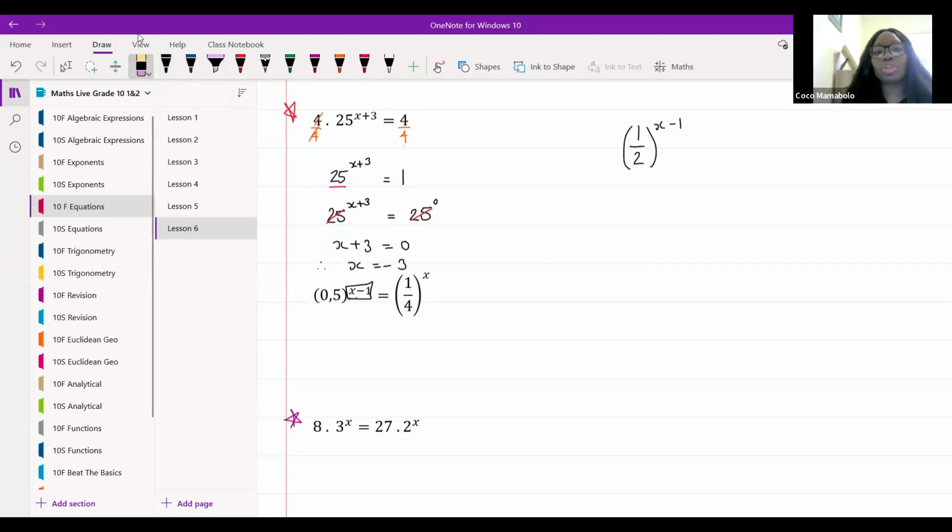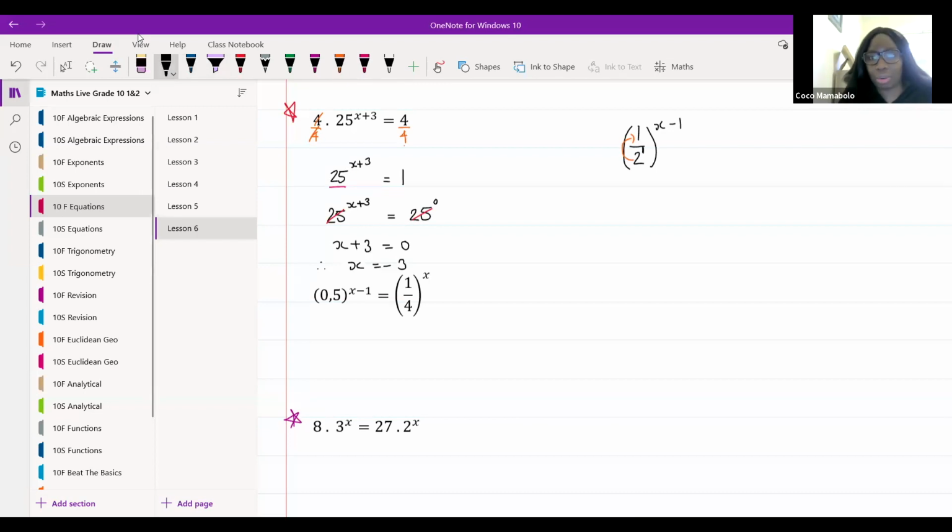Now, I'm going to do the rule that we just incorporated, but in reverse. I know that any number sitting on its own has an exponent of 1. So this 2 over here actually has an exponent of 1. So if I flip it and take it to the top, it's going to become 2 to the power of negative 1.